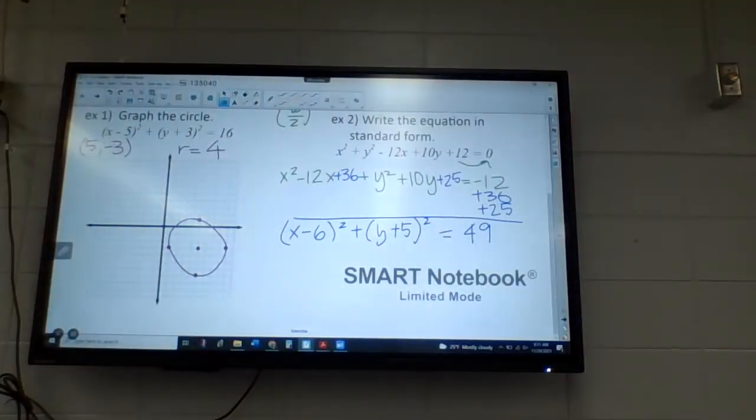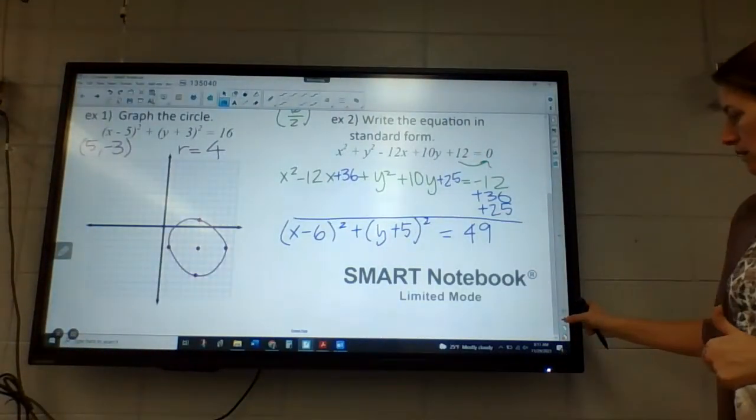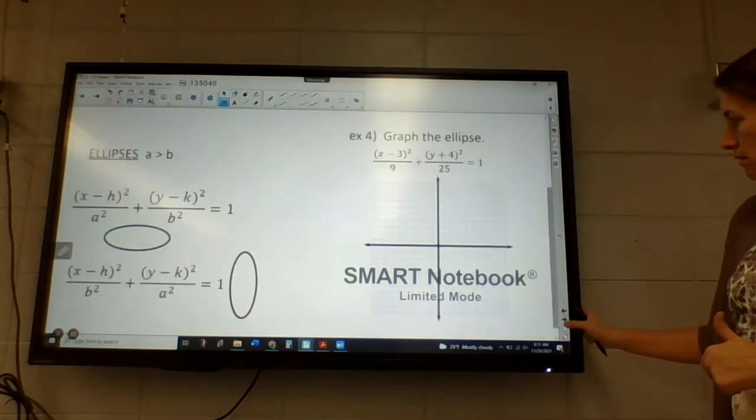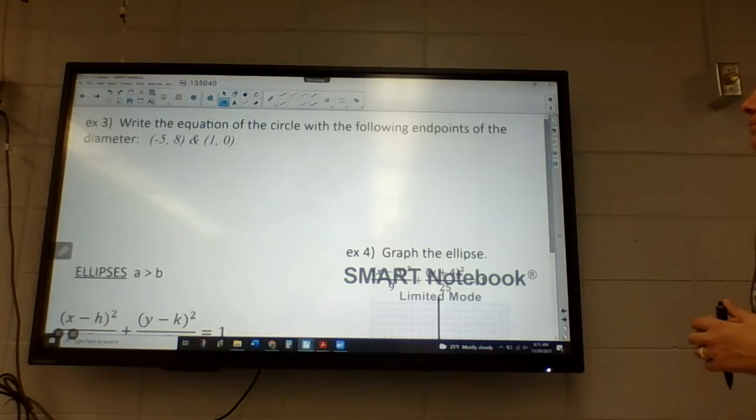And then the last thing we do with circles is we talked about what would happen if they just give us some endpoints of a diameter, and can we write that equation from there? That's a little bit easier than what we did here. So they're giving us the endpoints. I don't think graphing makes it any easier unless you're not good at finding the middle.